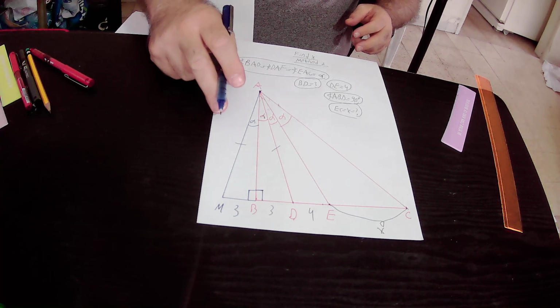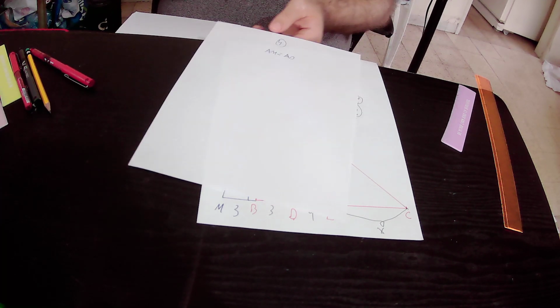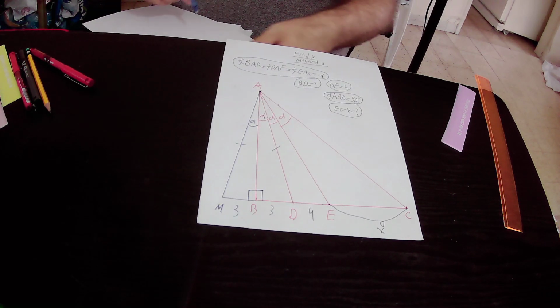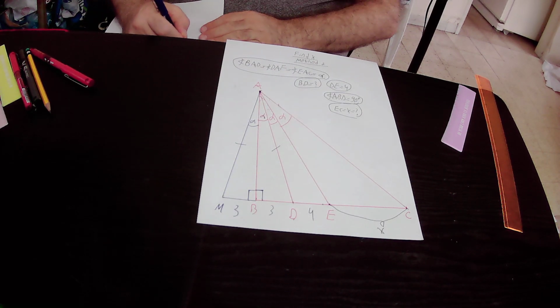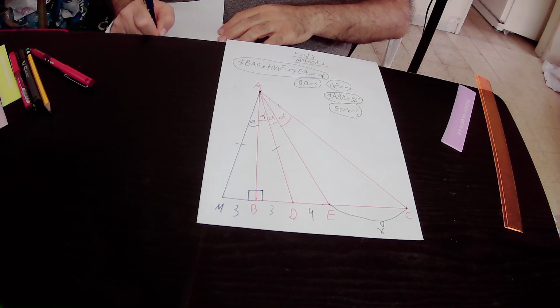Side AM of triangle ABM is equal to side AD of triangle ABD according to the rule that corresponding sides in congruent triangles are equal to each other.